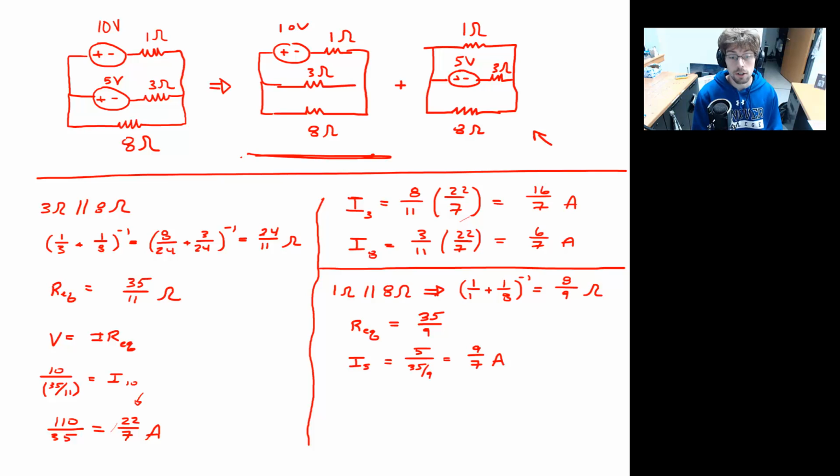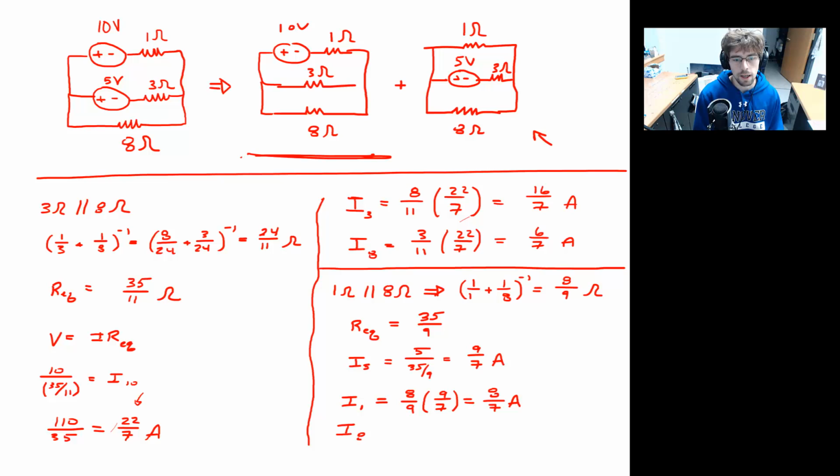And then we have our current division. The current flowing through the 1 ohm resistor due to this 5-volt supply will be, well, 1 plus 8 is 9, and I'll put 8 here. And then we have our total current, 9/7, and so we find that 8/7 of an amp due to the 5-volt supply.